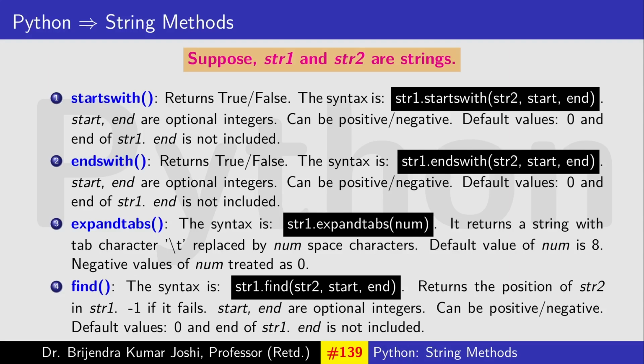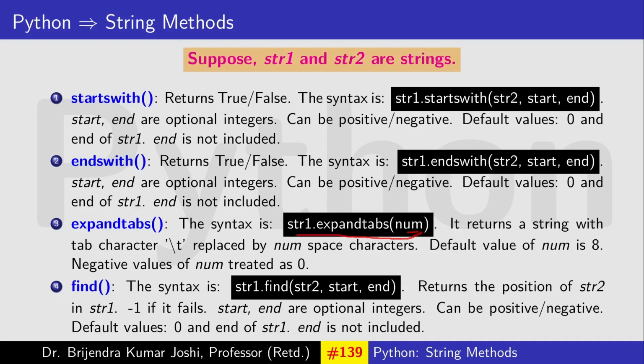Now expandtabs, the syntax is this one. So if str1 is a string, it says expandtabs(num). This num is an integer whose default value is 8. Perhaps it is taken from Unix. So it removes the tab character and replaces that tab character by 8 spaces if num is not provided.